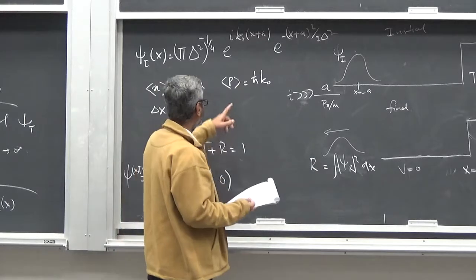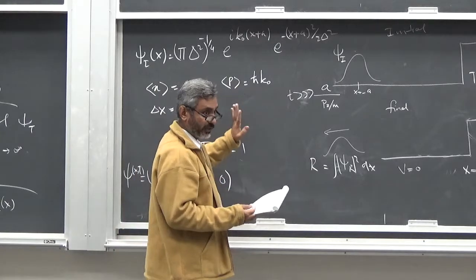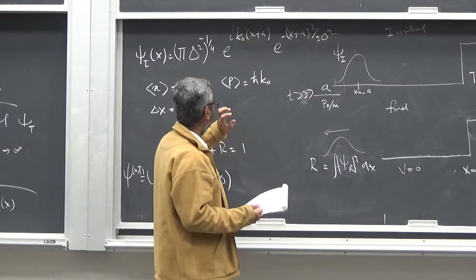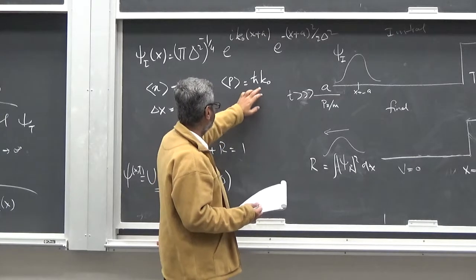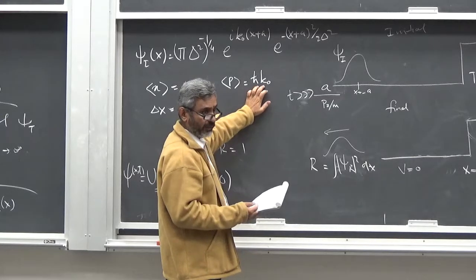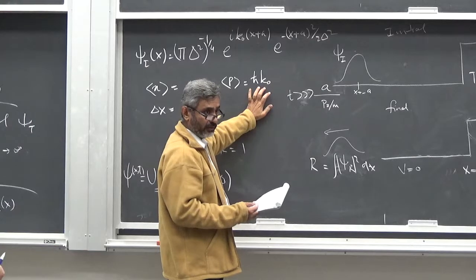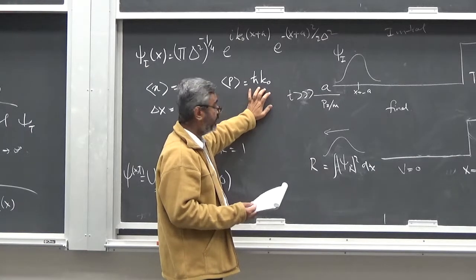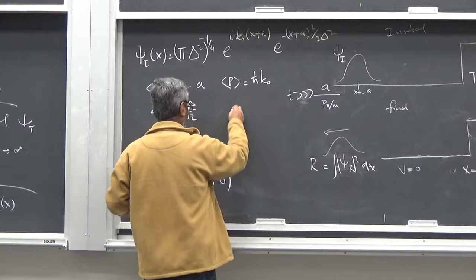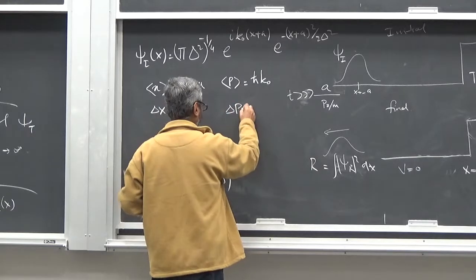And you want this, if you want to be close to the classical picture again, right? Then you want this to be peaked at K naught. This is a very important point. ठीक है, आप चाहते हैं कि ये पीक हो K naught पर, और डेल्टा P क्या है by the way?